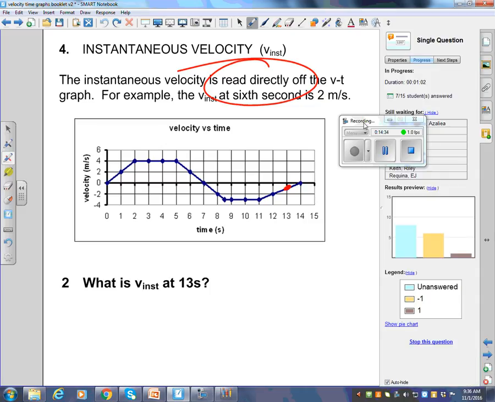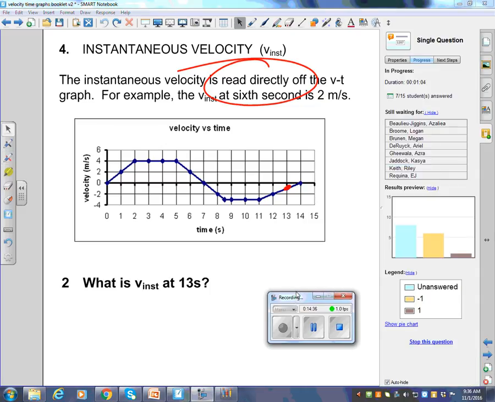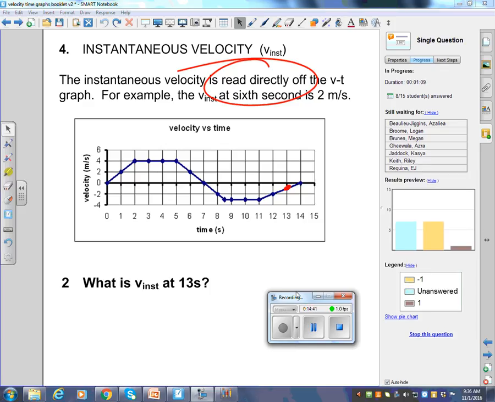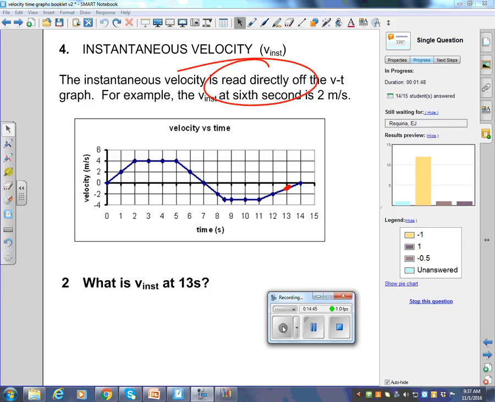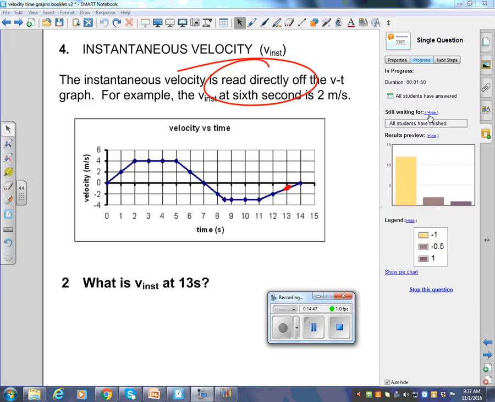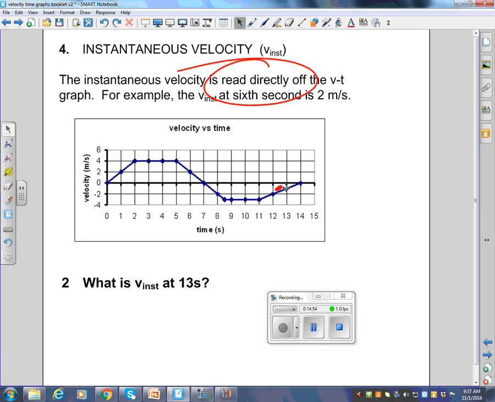This should be a really quick one. Correct answer is? Well, it sure looks like it's going to be -1, doesn't it? You're just reading it off the graph, right? -1.